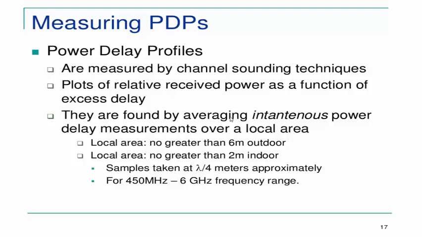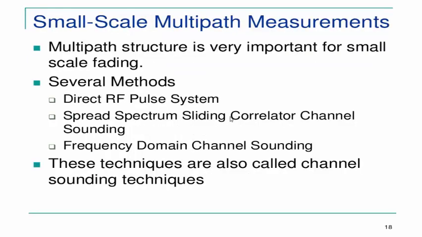The local area for outdoor is considered as 6 meters of coverage area and 2 meters for indoor applications, and samples are taken at approximately lambda by 4 meters with carrier frequencies from 450 megahertz to 6 gigahertz. By taking the values of the instantaneous powers, the average power delay profile can be calculated.